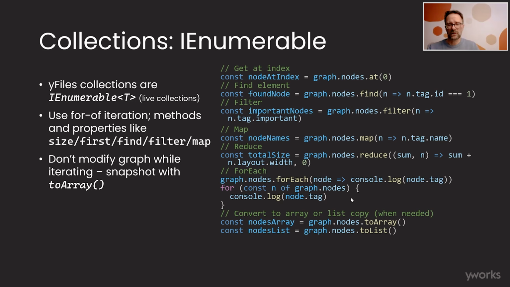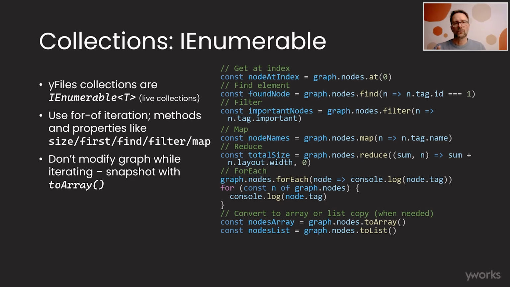If you want to actually materialize this and don't want this to be a live collection, you can call the toArray method or the toList method, which actually creates a copy of the values. That's, for example, very important if you want to remove a number of elements in the graph and you iterate over those elements.